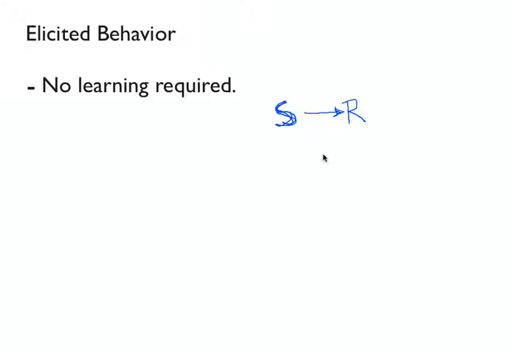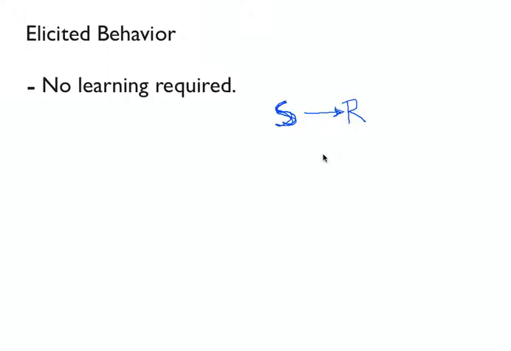And finally, my last example, in case you think that this doesn't apply to you or to me or to adults: think of your response to a loud, unexpected noise. You shrug your shoulders and you close your eyes and you tense your muscles. All those responses do not require any learning.